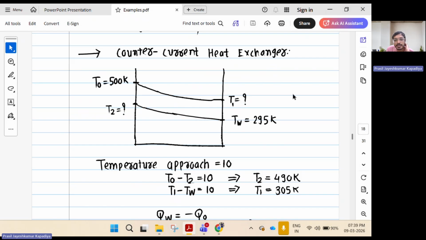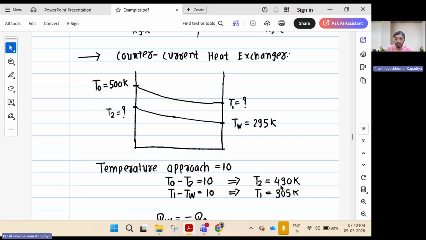So T1 minus TW is equal to 10. So what will be my T1? T1 will be equal to 10 plus 295, so that is 305. Similarly, T0 minus T2 will also be equal to 10, as the temperature approach is given to us as 10. So 500 minus T2 is equal to 10, so T2 will be equal to 490 Kelvin.